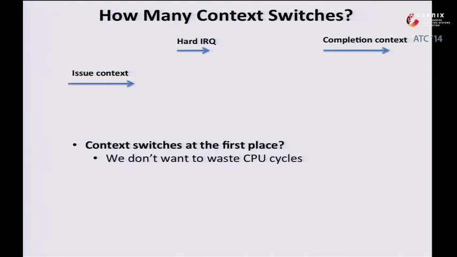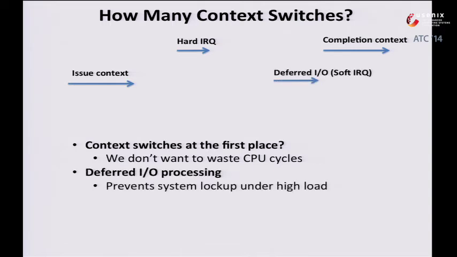Since hardware interrupts can lock up the system, we expect a software interrupt handler, which defers the I/O processing, to offload the main hardware interrupt. This way we can avoid system lockups when I/O is going at crazy high rates. And this basically introduces at least 2 context switches in the completion path.